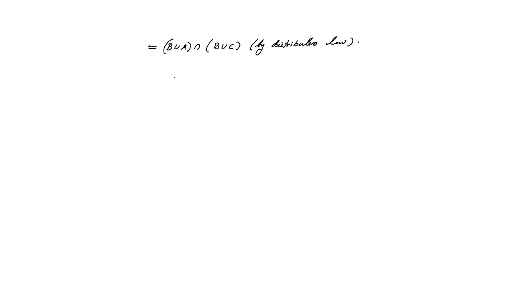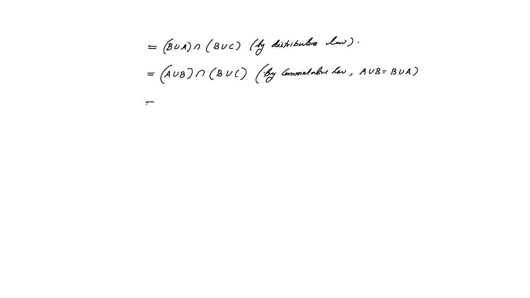Now, with the help of the commutative law, we can write B union A as A union B, and here is intersection (B union C). Why? Since by the commutative law, A union B is exactly equal to B union A. This is the commutative law in set theory.